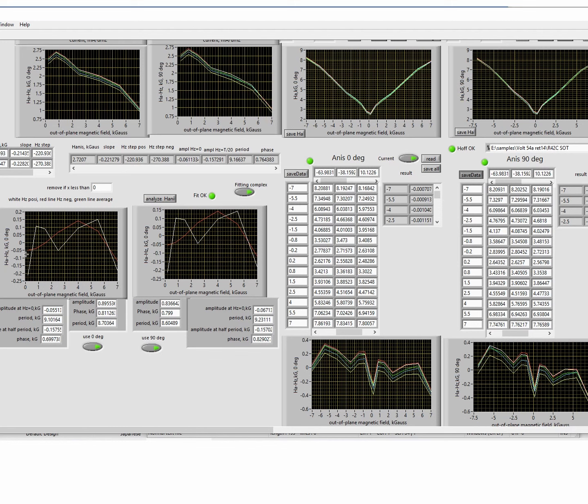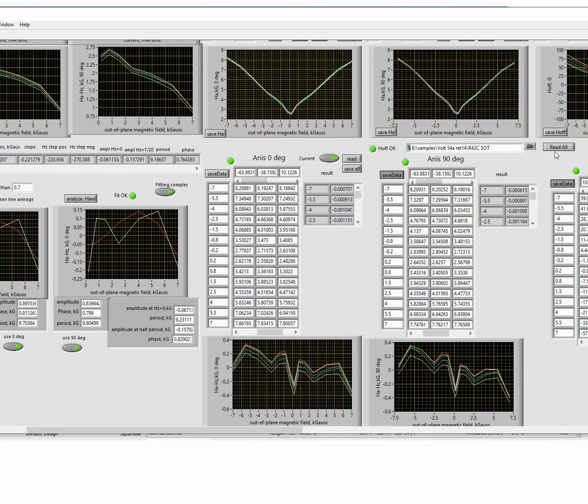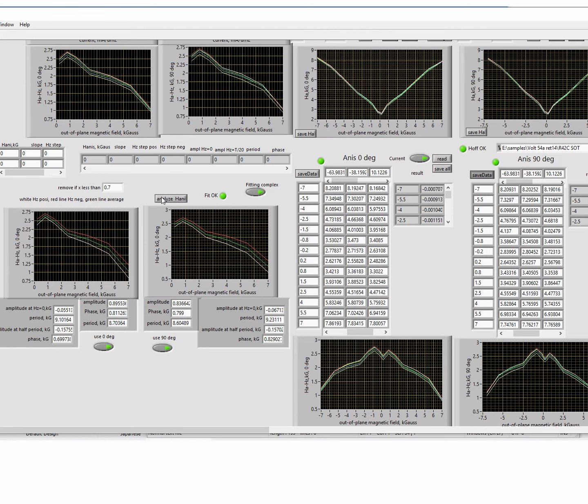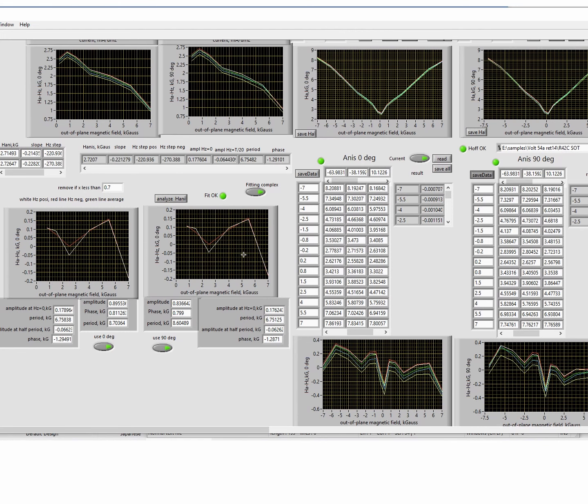At small magnetic field, some magnetic domains may exist in some nanomagnets. So for this purpose we just limit the fitting to higher magnetic field for this one. So let's reload the data again and fit again. Now it's very good.